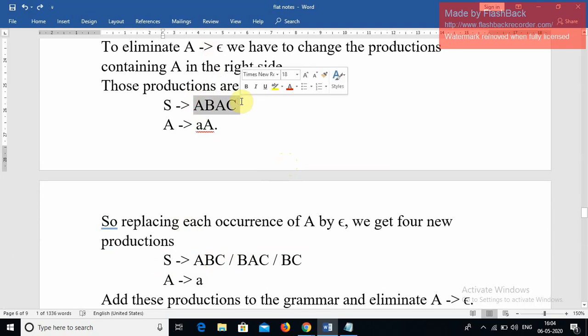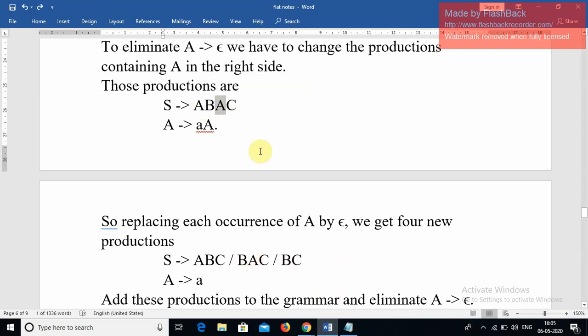ABAC, so you have to substitute epsilon in place of a. So first you substitute epsilon here, no? So you get BAC. After you substitute A here, what you get? ABC. After you substitute epsilon in both A's, then you will get BC.